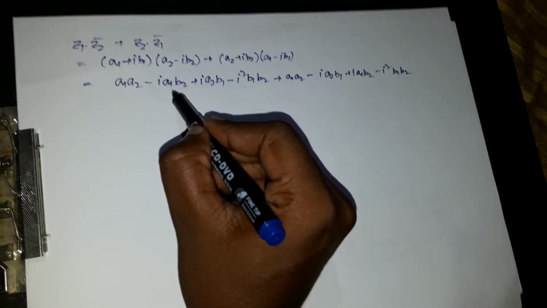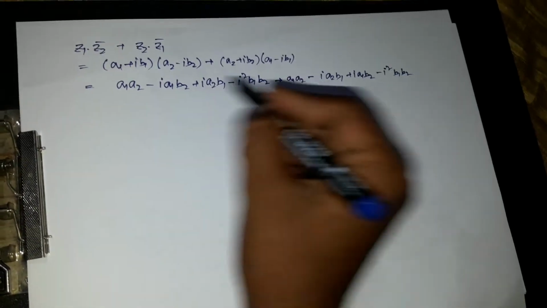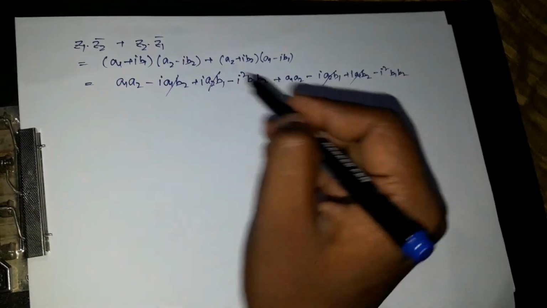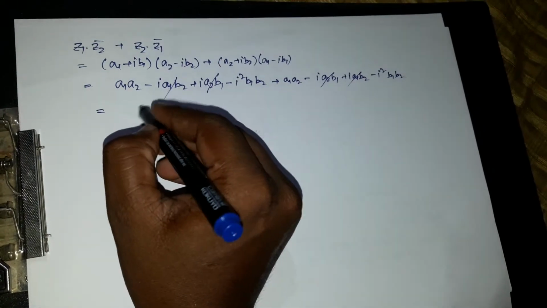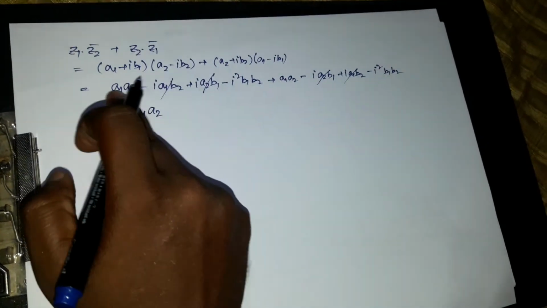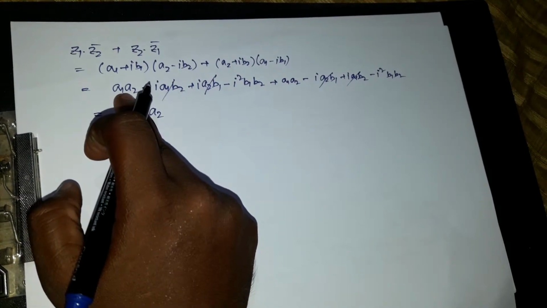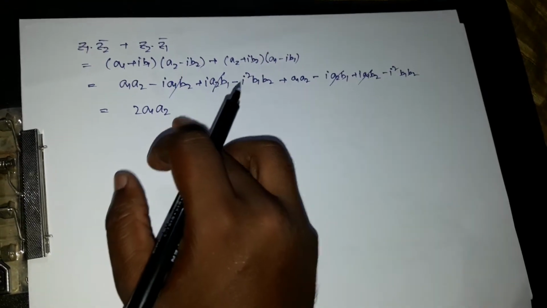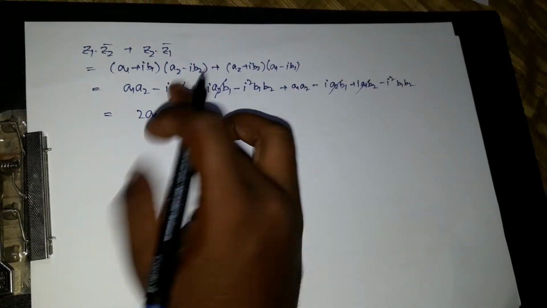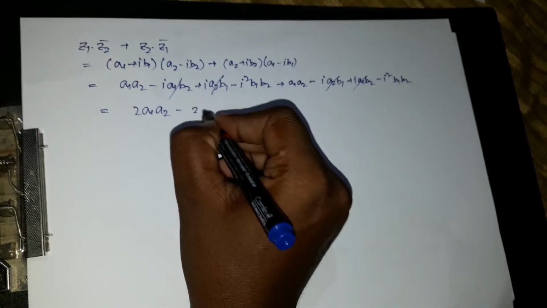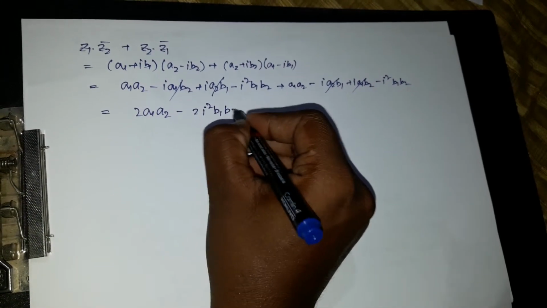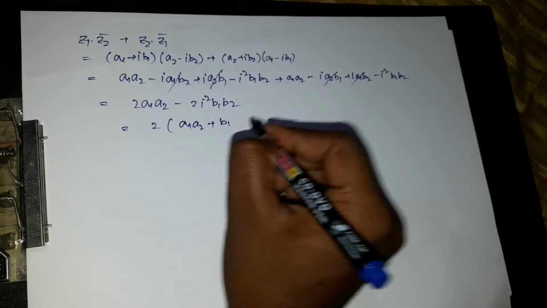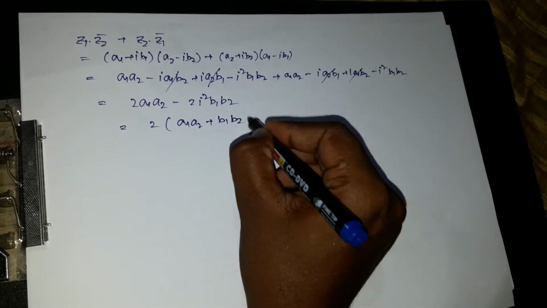So the i a1 b2 terms cancel, and the i a2 b1 terms cancel. So we obtain a1 a2 twice, and if we sum them up, we obtain 2 a1 a2. And this minus 2 i square b1 b2, that is 2 common, a1 a2 plus b1 b2.